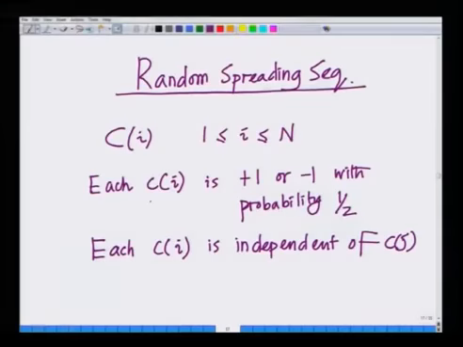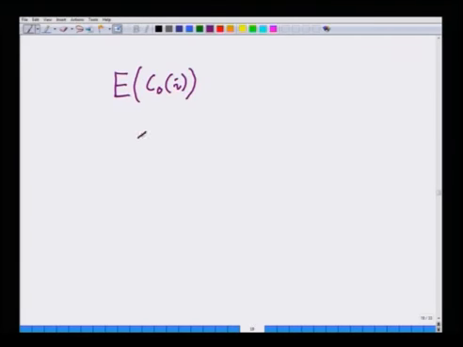You can see that each Ci is +1 with probability half, -1 with probability half, hence the expected value is half into 1 plus half into -1, which is 0. So it takes +1 and -1 with equal probability, so on an average its value is 0.